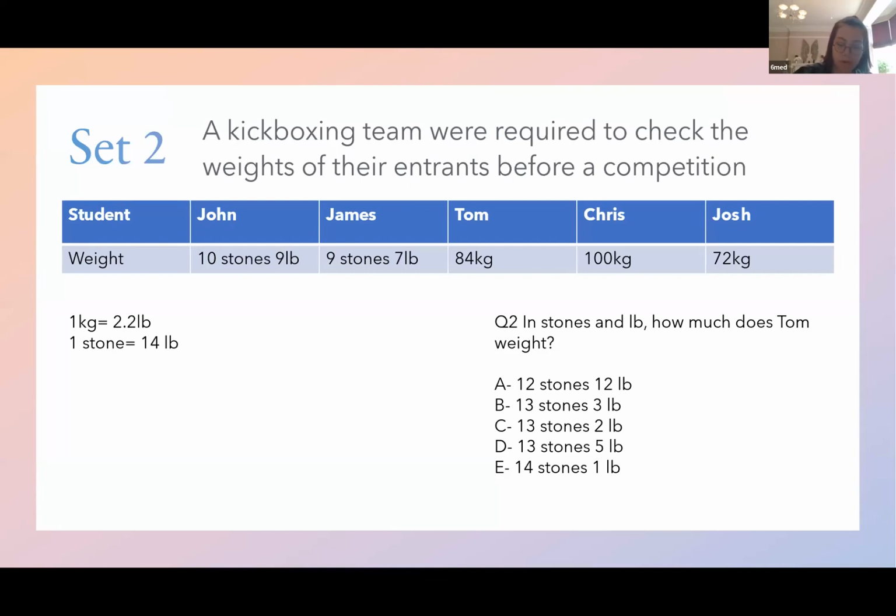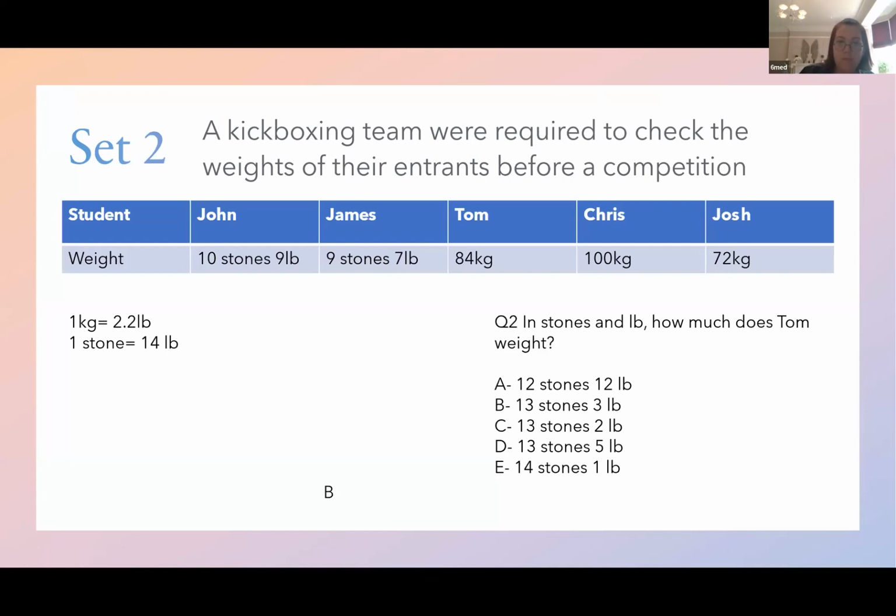Okay, and stop. What do we think our answers are? Okay, some C's and some B's, I think, are in the chat. So the answer is B.